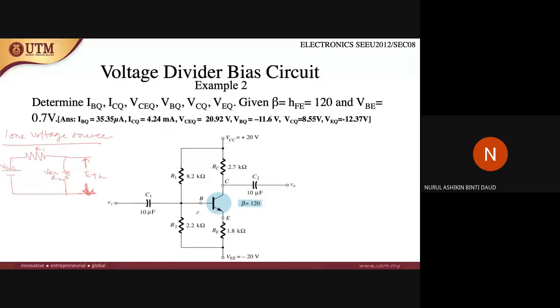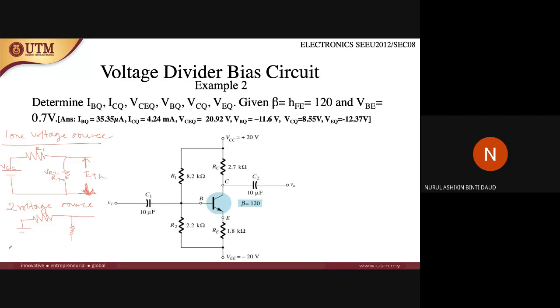So for two voltage source, yeah, now we have to consider the VEE. Two voltage source. VCC, R1, R2.